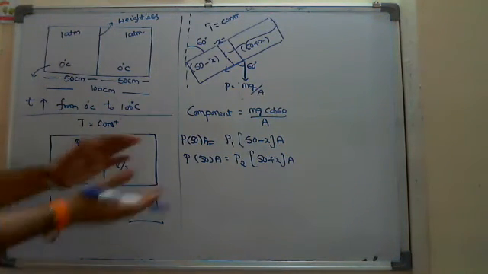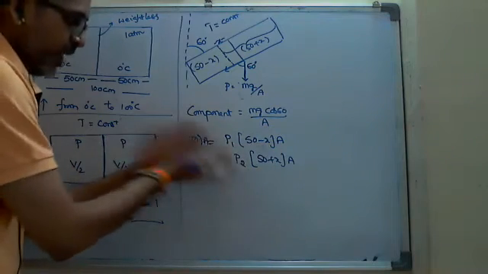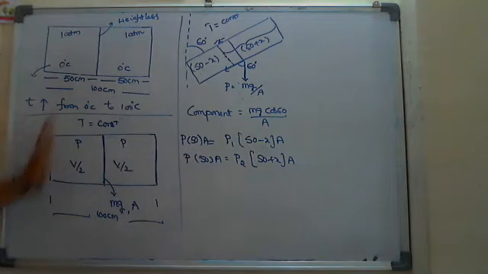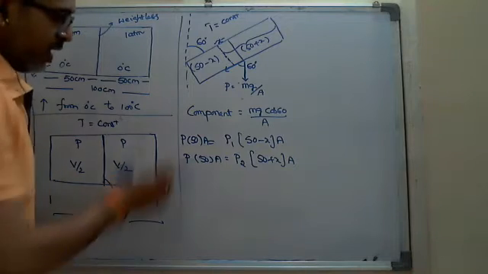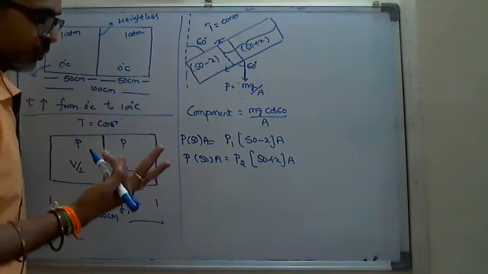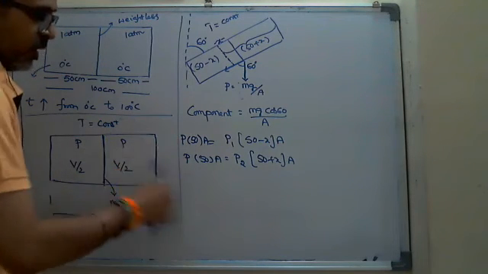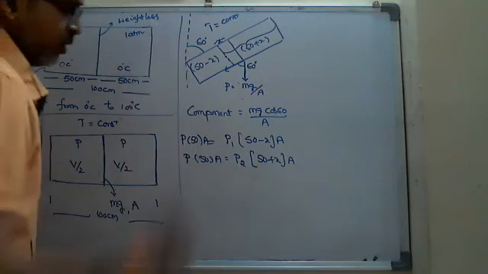So I use P1 V1 equals P2 V2 on the left hand side and right hand side. Altogether we are finding three unknowns: P is unknown, P1 is unknown, P2 is unknown.